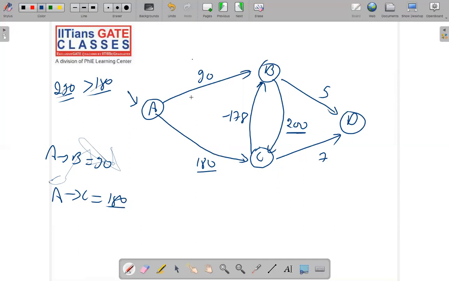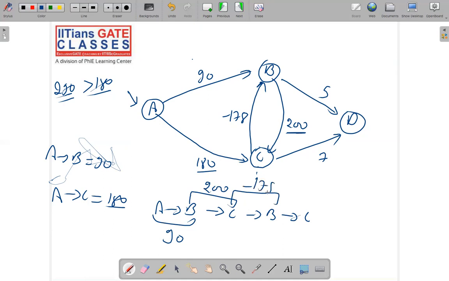What can we do? We can go to B, and from B we can go to C. Let's try going from A to B, then from B to C, then C to B again, and B to C. What will be our cost? Here it's 90, here it's 200, here it's minus 178.